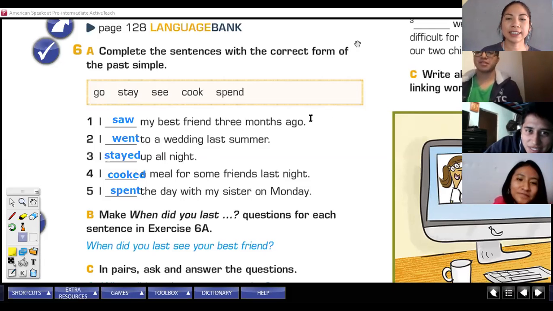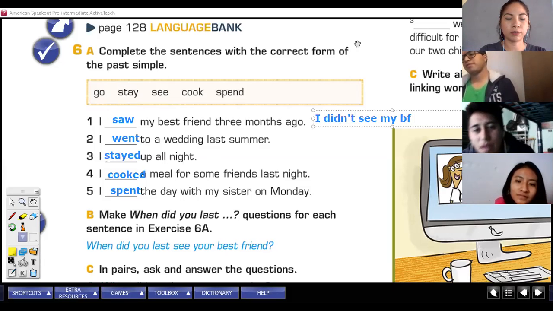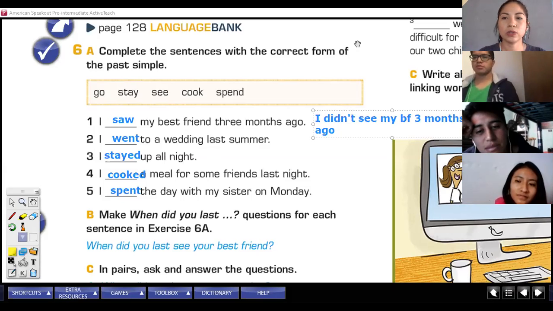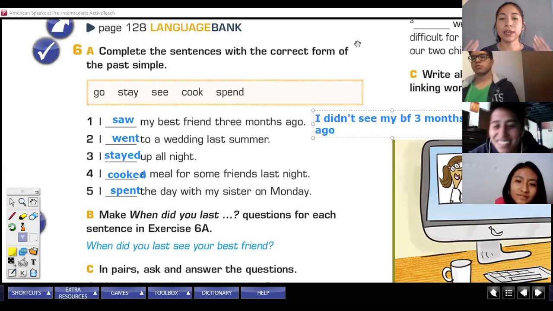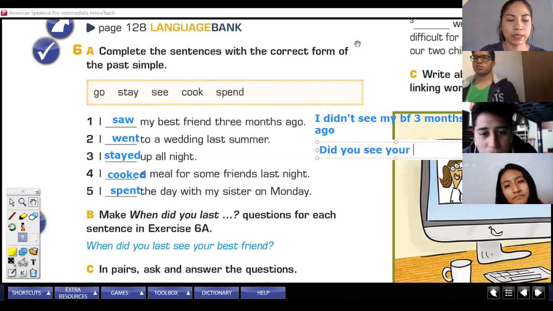If that is negative, how do you form negative in past? I didn't see my best friend 3 months ago. Okay. So, hace 3 meses, 3 months ago. So when you have negative in past, we use didn't and the verb in present, okay? For questions, we use did and the verb in present. Did you see your best friend 3 months ago?